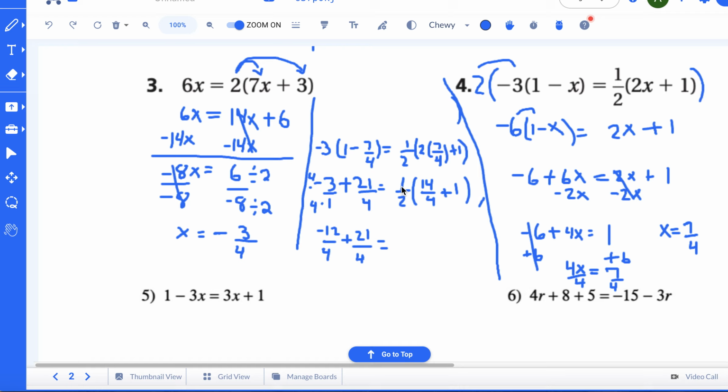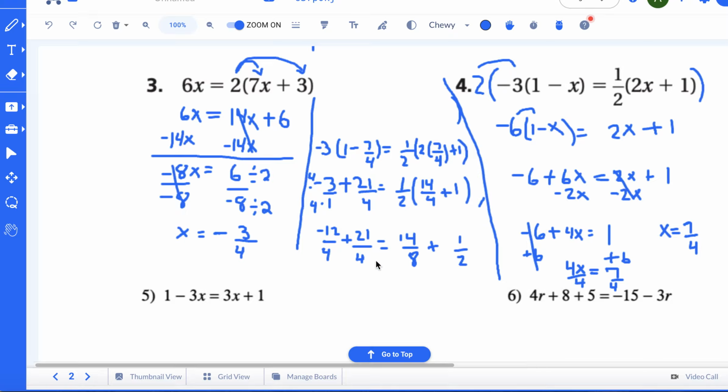We're going to multiply numerator times numerator. 1 times 14 is 14, and 2 times 4 is 8, and then 1/2 times 1 is just 1/2.